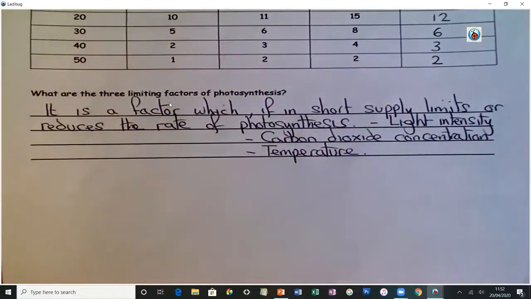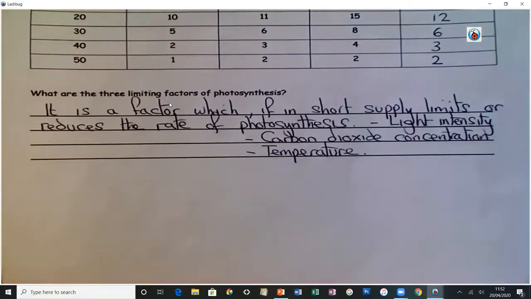What we're going to do now is look at these 3 limiting factors in more detail. There are other limiting factors such as the amount of chlorophyll and of course the amount of water, but on our syllabus these are the 3 that you'll be asked about.